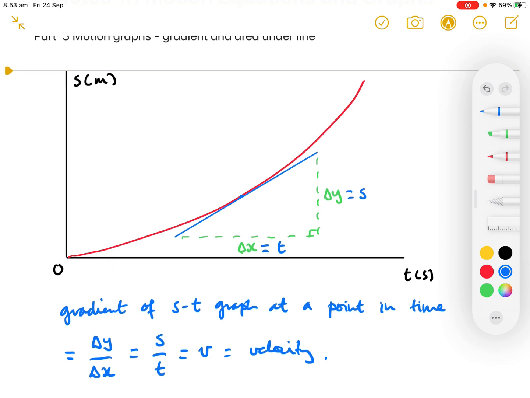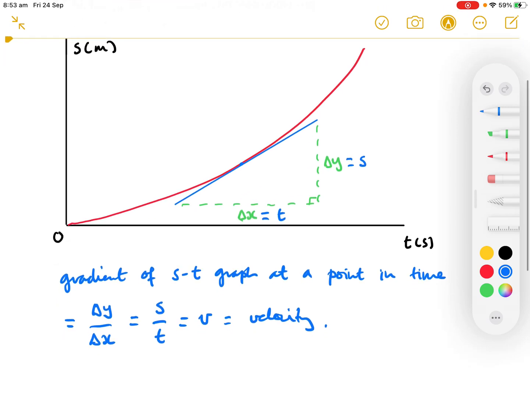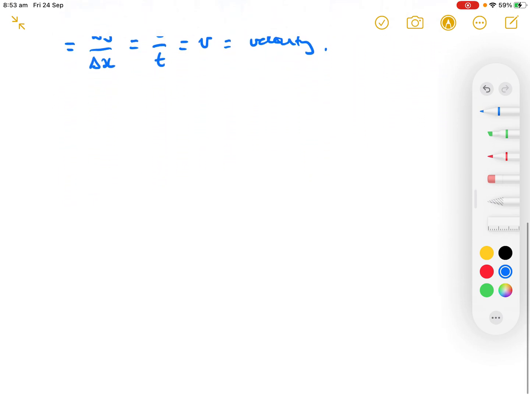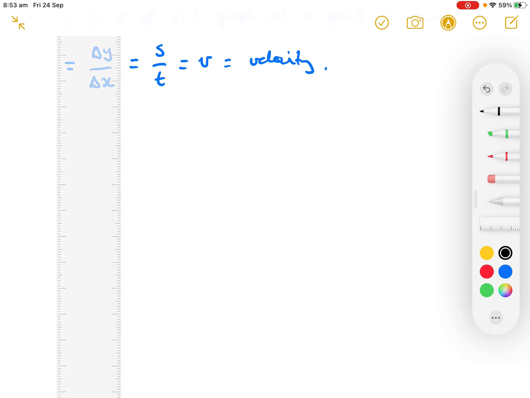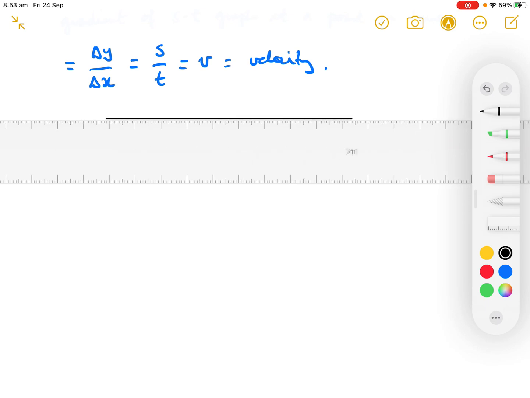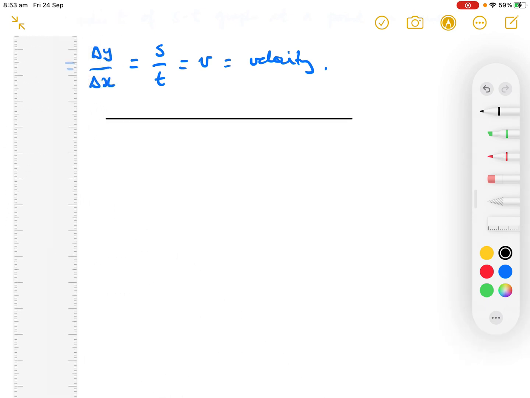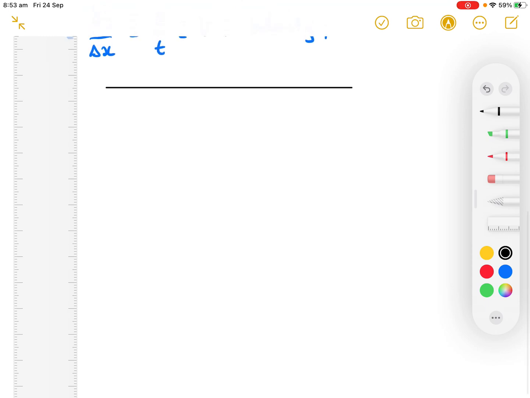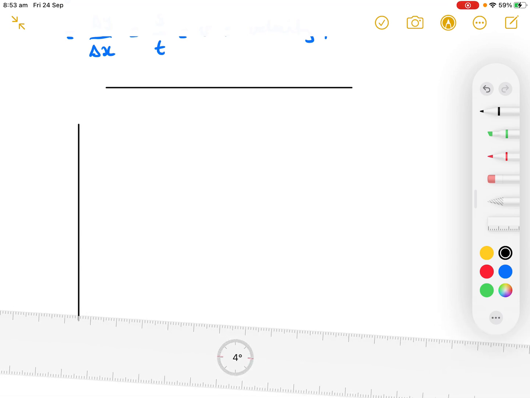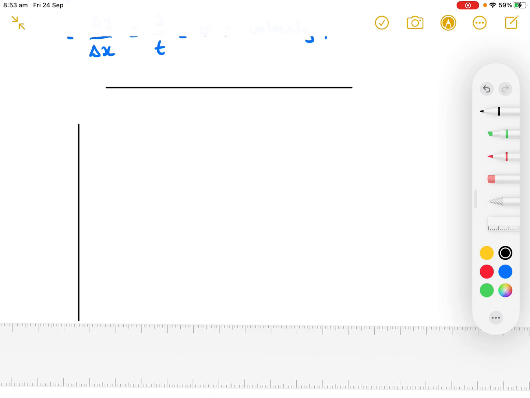Let's do the same thing, but this time with a velocity time graph. Again, all motions are for uniform accelerations. So let's get our axes drawn. Might want to put a little line under that bit. So this is going to be our velocity time graph.